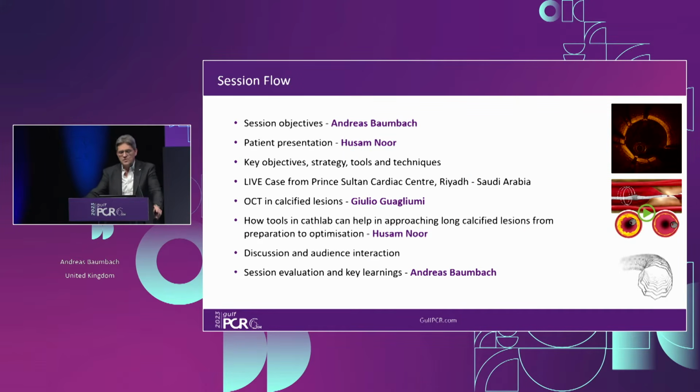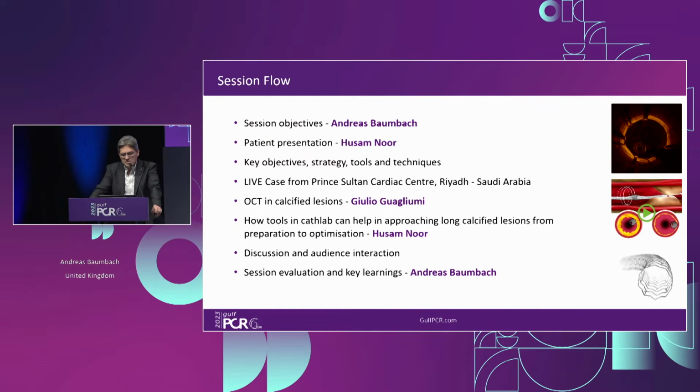So this is what we do. A slightly different format today. We're going to start with the patient presentation and then go straight to the cath lab for the key objectives, and they will tell us what they have in mind for this patient with a live case, and of course that's from the Prince Sultan Cardiac Center in Riyadh in Saudi. The live case would be followed by an OCT in calcified lesions talk by Giulio, and then followed by another talk, how tools in the cath lab can help in approaching long calcified lesions from preparation to optimization.